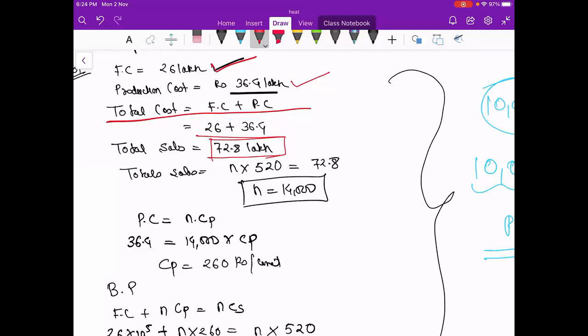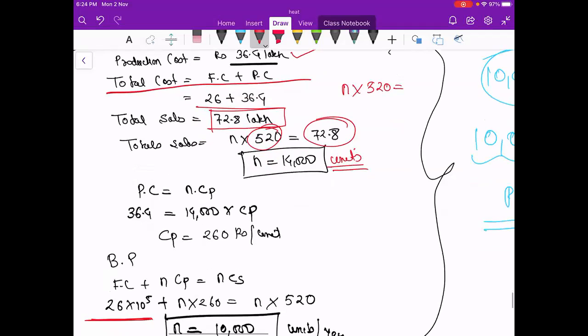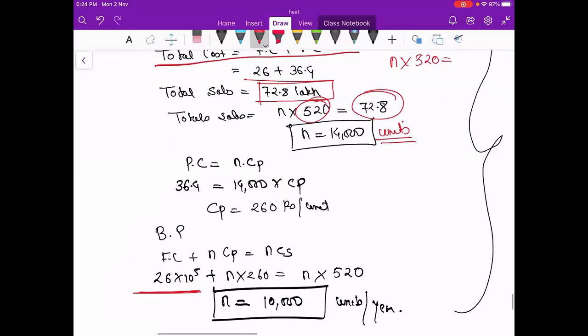Total sales is the number of products you produce times the cost of each product. So N is 14,000 units you have sold, and obviously that many products you have produced. The production cost is N into CP. The production cost they have given is 36.4, and with 14,000 we get CP.